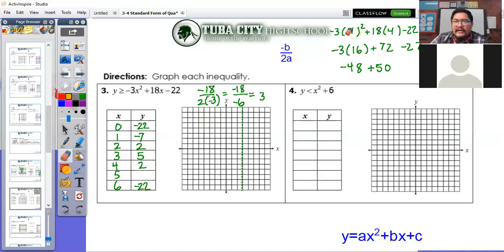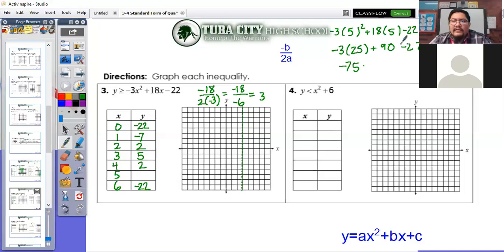Now let's go ahead and do 5. So I'm going to put 5 in there. Five squared is 25, and 18 times 5, that's 9 times 10, which would be 90. And then multiply this, so that'd be negative 75.